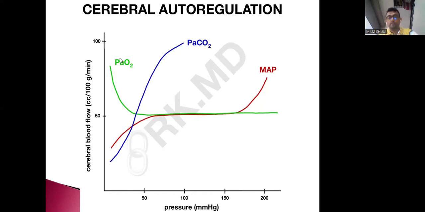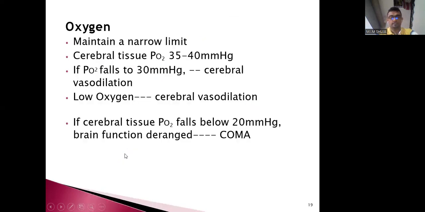And when it comes to partial pressure of oxygen, when the oxygen level is high, it will cause vasodilation. When the oxygen level is coming down within a certain level, it maintains cerebral blood flow at a constant level.